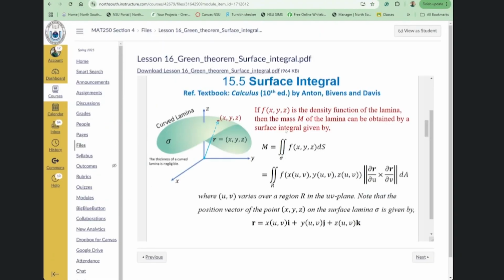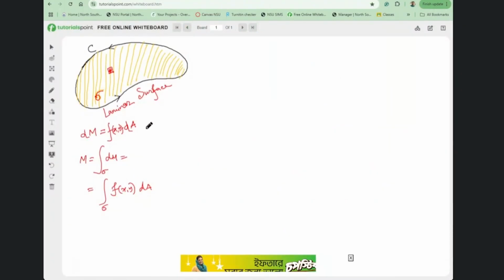You can write ds here, which is better compared to dA, because dA is the differential area for any space in the xy plane. So that's why it's better to change the notation from dA to ds.